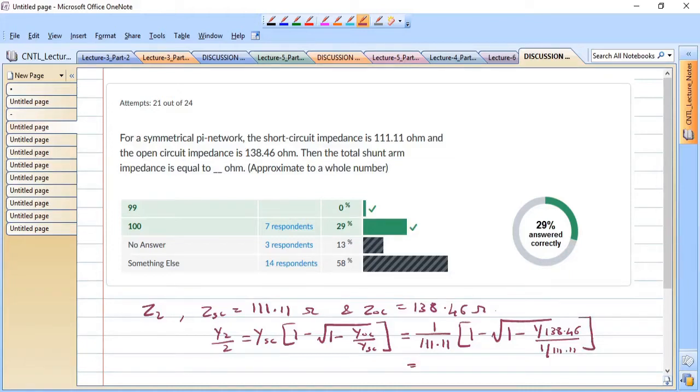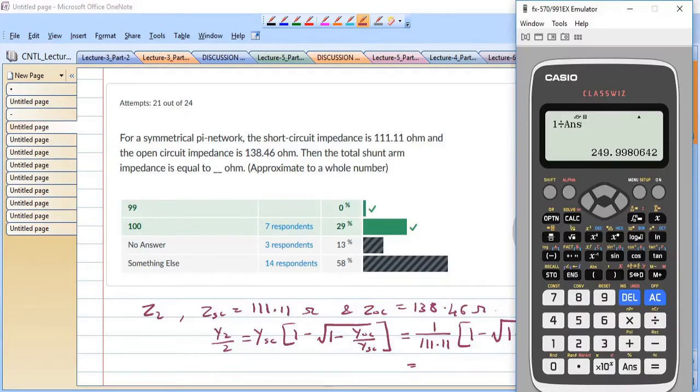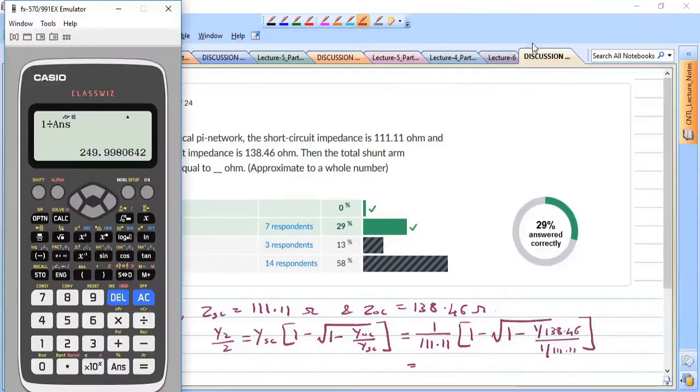So that will be equal to 1 upon 111.11 into 1 minus root of 1 minus 111.11.